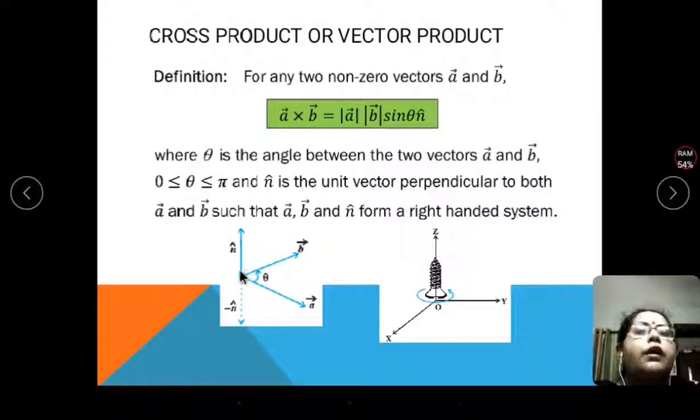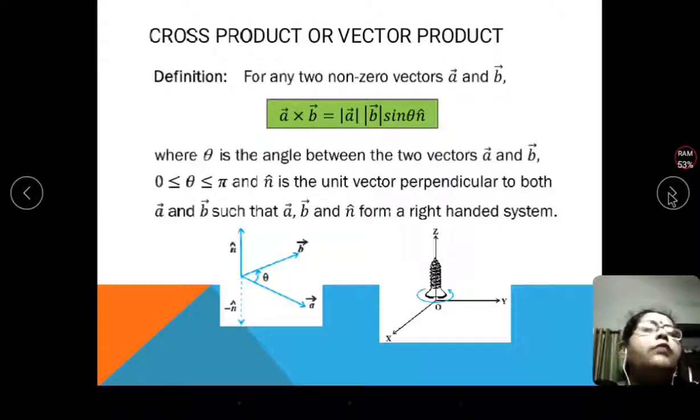Mind it, we can have actually two vectors perpendicular to A and B. One is this n cap and other is the minus n cap. But because we want it to be a right-handed system, so we take this n cap which points upward. So once again, to summarize, the cross product of the vectors A and B is the product of their magnitudes multiplied with sine theta and multiplied with a unit vector n.